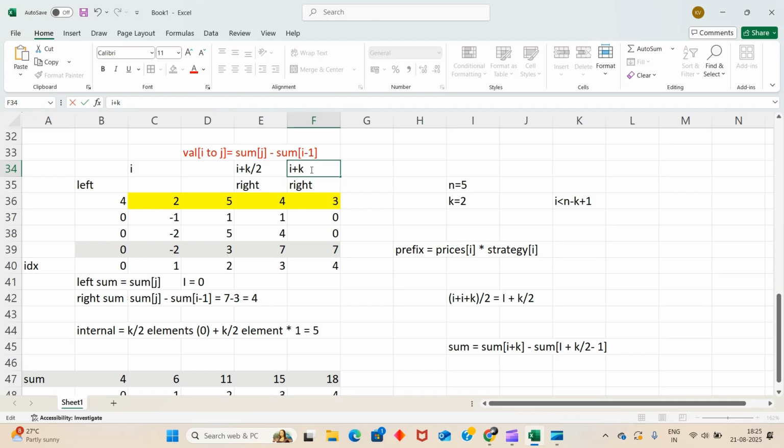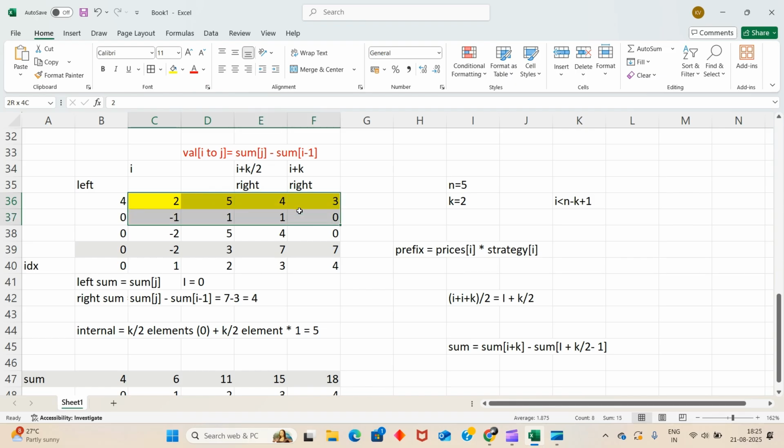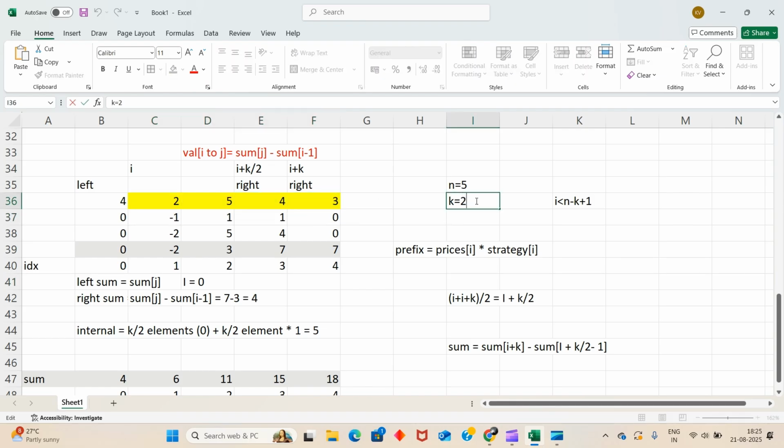Yes. Wait. Somewhere I did something. My i is 1. Okay. Why am I getting it wrong? Because I'm considering the k value incorrectly. Yeah, k is 4.